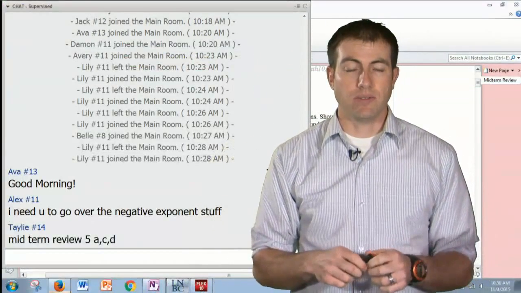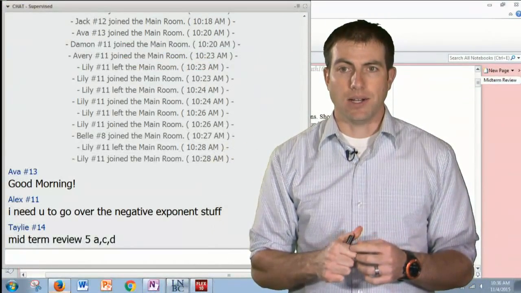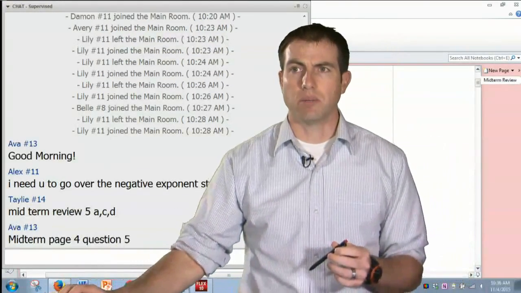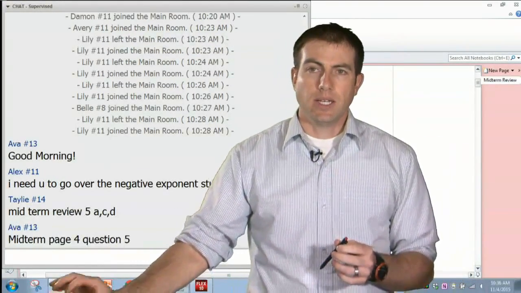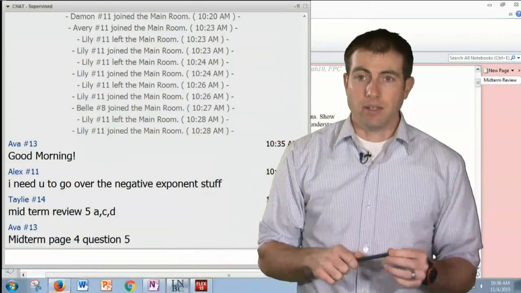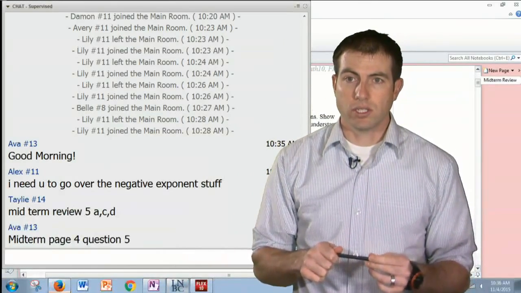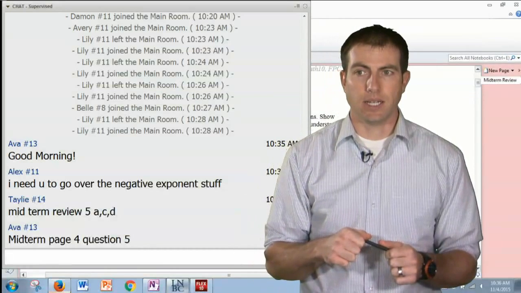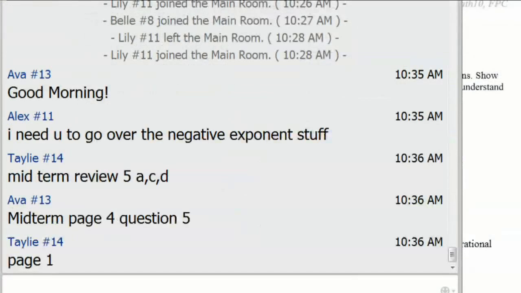Midterm review 5A, C, and D. Which page, Taylor, or which section? I think it's broken up into a few sections. Anything else? Midterm page 4, question 5. I like it. I can find that. And if you have questions you want me to go through, I'd be happy to do them.